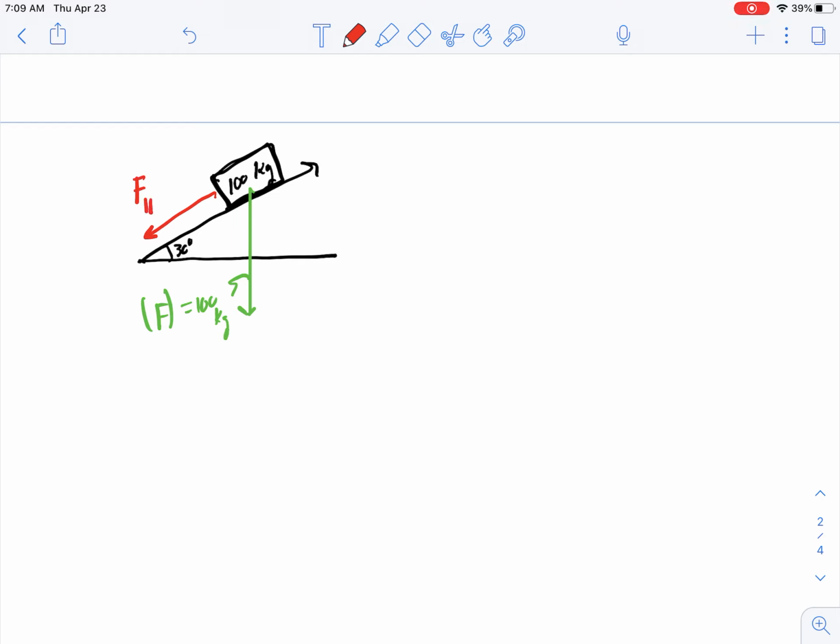This is referred to as F parallel. To pull it up would be negative F parallel.